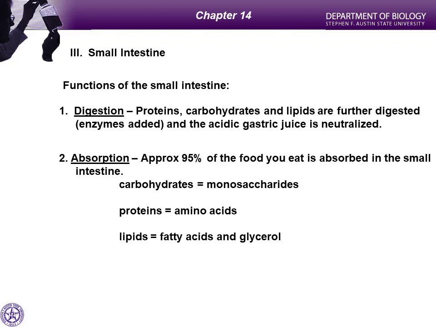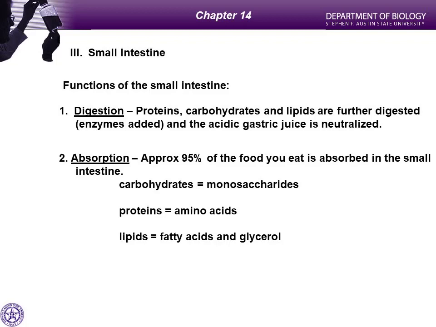And when we eat carbohydrates and proteins and lipids, understand what we're absorbing and what has been chemically broken down are our polymers into their monomers. Remember that from earlier in the semester? So we've broken down and we're absorbing monosaccharides, amino acids, and fatty acids and glycerols that make up our phospholipids.